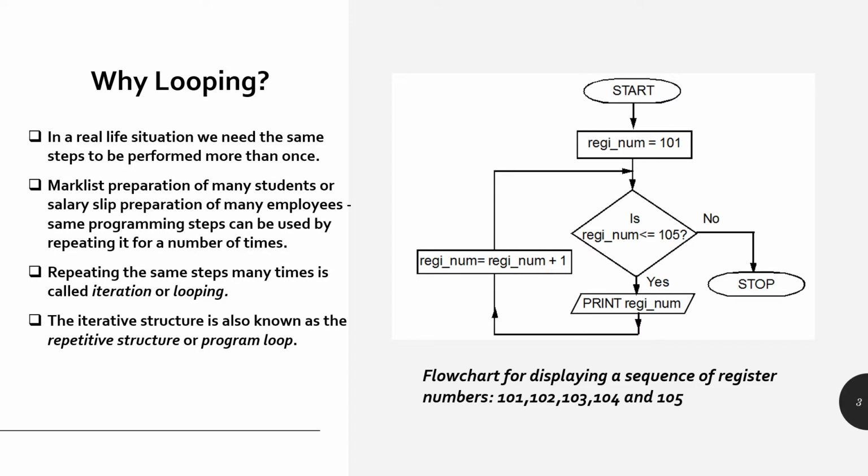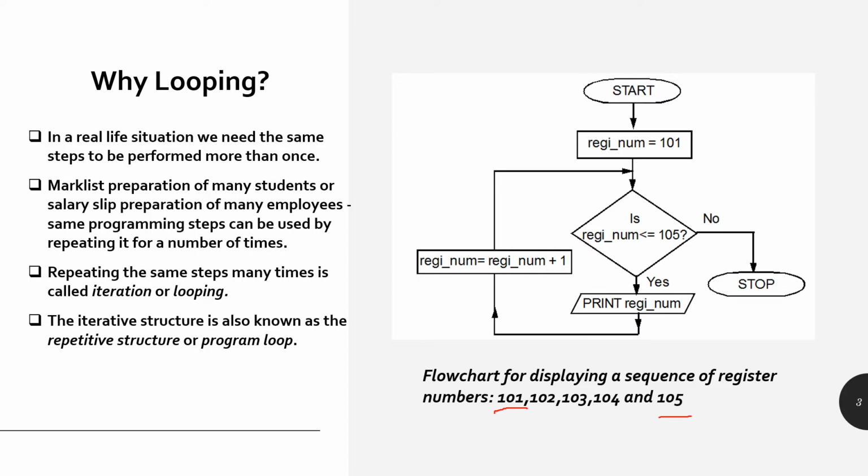For example, you want to display a sequence of register numbers starting from 101 to 105.